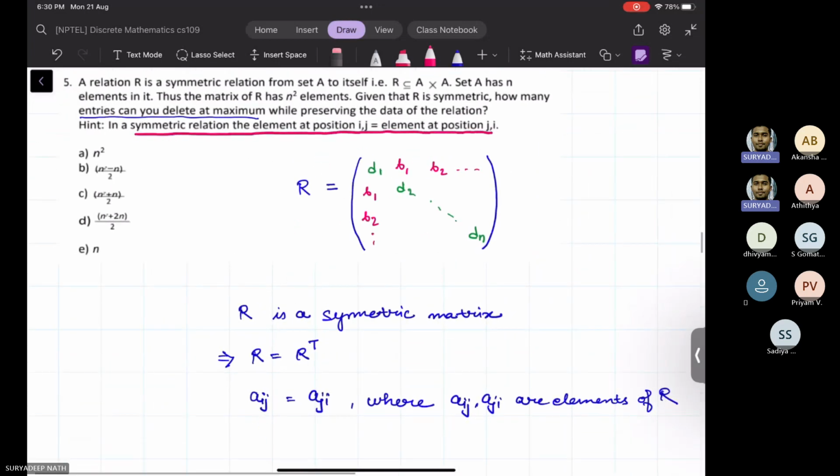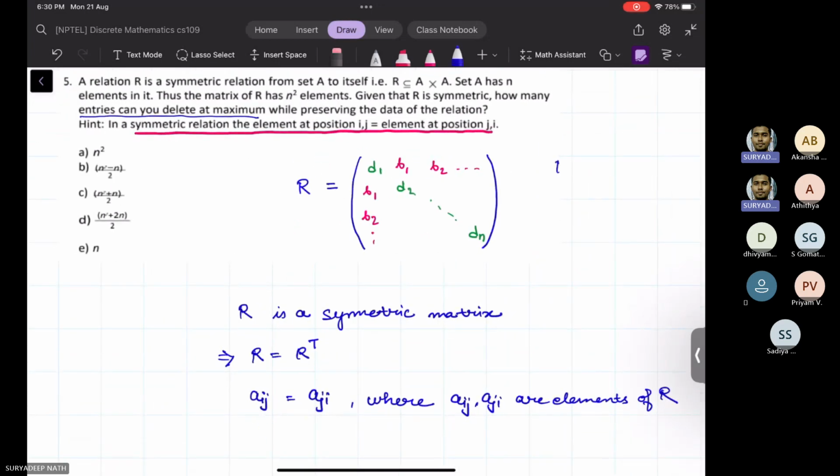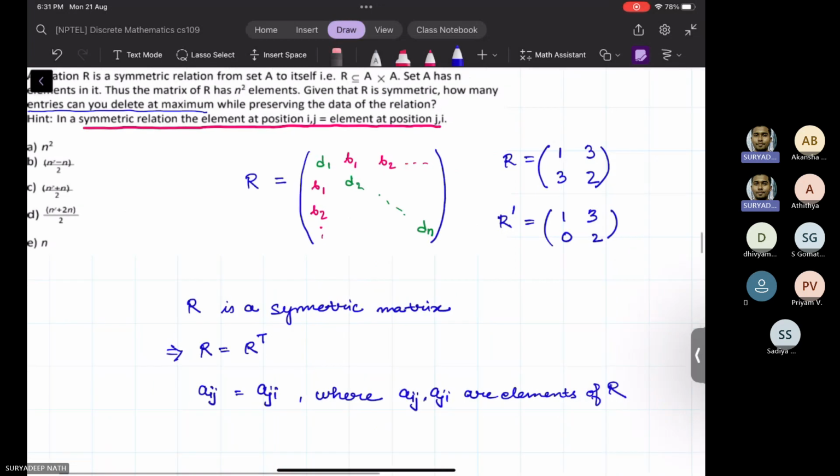What I mean is like this. Let us take an example R of a simple symmetric matrix, say 1, 2, 3, and 3. If I give you R prime, which is 1, 3, 2, and I leave this entry blank, say I call it 0, I give you the instruction that R prime only contains the upper diagonal terms of R, and you can reconstruct R by filling up the lower diagonal.